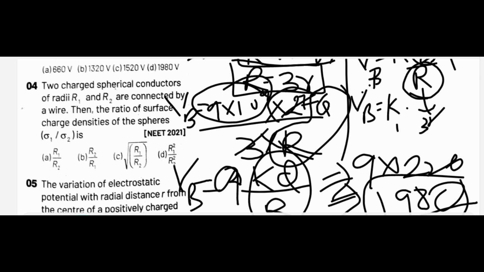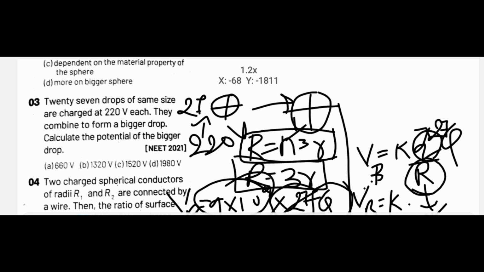So the charge of the bigger sphere you can substitute by 27q. Again k by r, which is of the smaller sphere, is getting separated, and 3 9s are 27, so 9 times the smaller potential. So 9 into V, that is 220, which will be 1980.